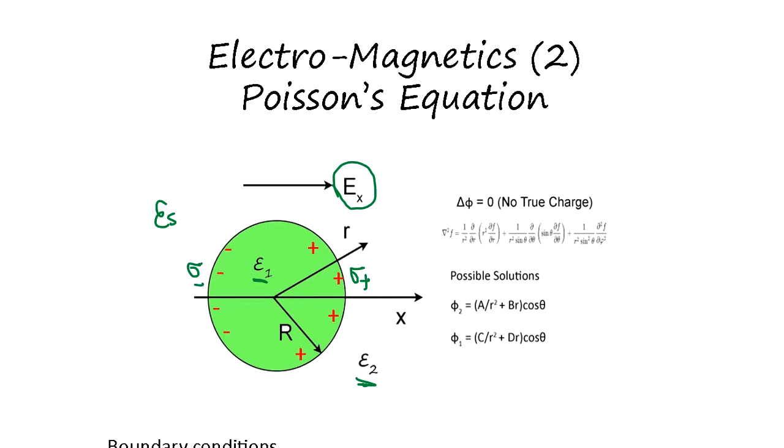So the question is how much charge is accumulated around this boundary. Obviously this is going to be P against the E.